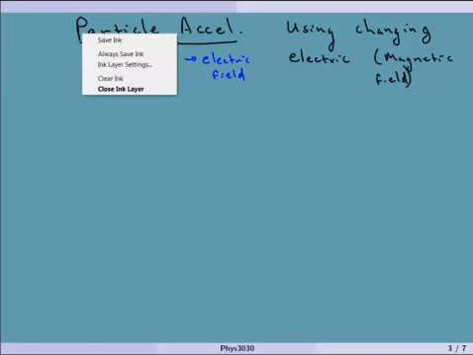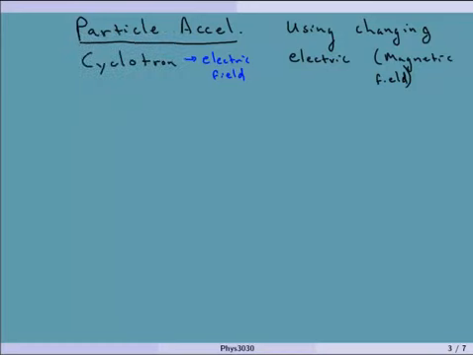A synchrotron is both an electric field and a magnetic field. And there are other types of particle accelerators, and I don't want to talk too much about the details of how those exactly work.